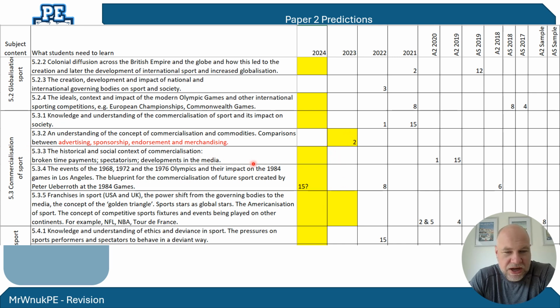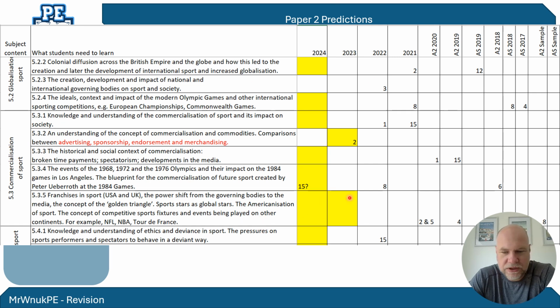I would suggest that the Olympics, the impacts of the Olympics, could be an exam question. So it may be the ideals of the Olympics, or the commercial impacts of the Olympics, or franchises. And again, franchises are due to come up, so definitely revise those aspects of franchises.